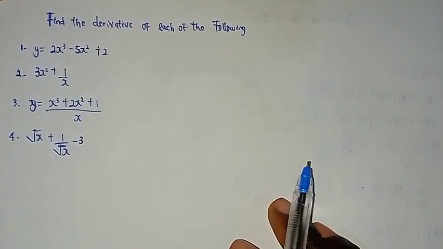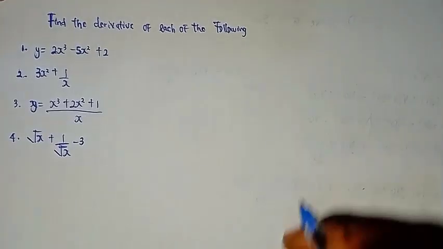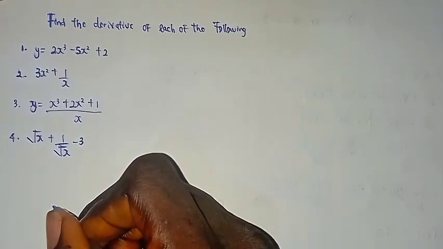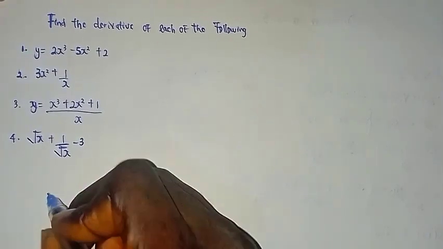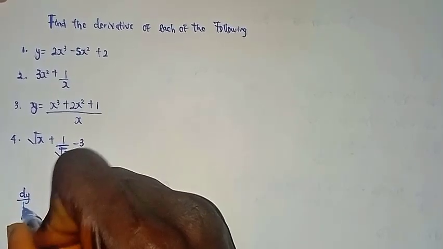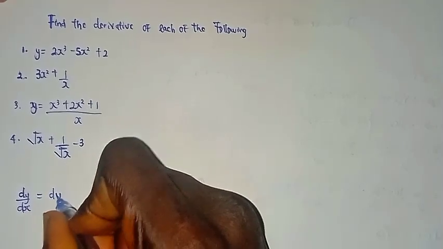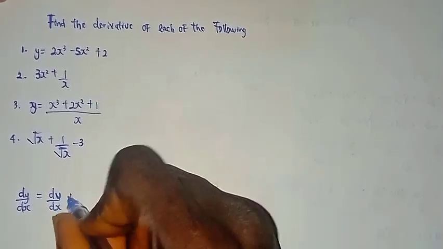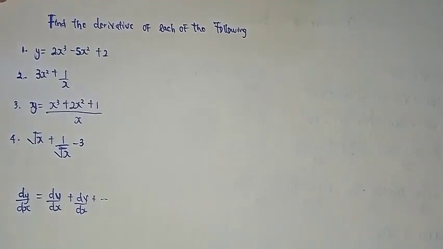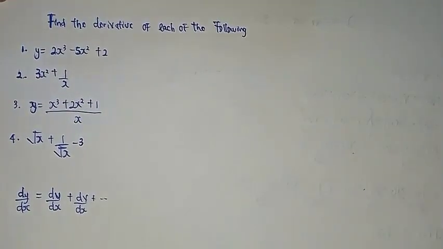Now in our previous video we looked at the derivative of a sum of functions, where we found out that the derivative of a sum of functions has the formula dy over dx equals du over dx plus dv over dx, and it continues. So let's look at these questions briefly.